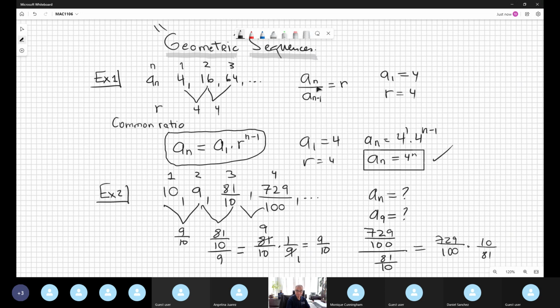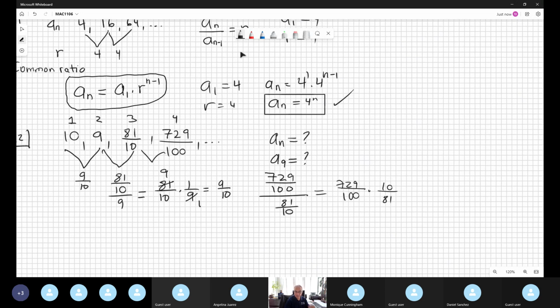The numbers ending in 0 cancel: 10 divided by 10 is 1, and 100 divided by 10 is 10. And 729 divided by 81, you can use the calculator if you want, is 9. The answer is 9 over 10. So the common ratio is 9 over 10, 9 over 10, 9 over 10.